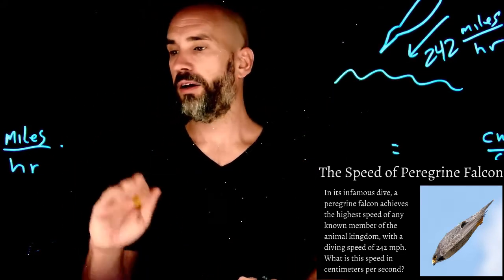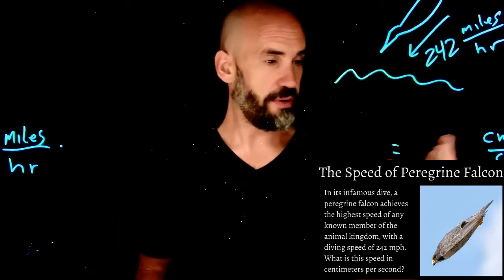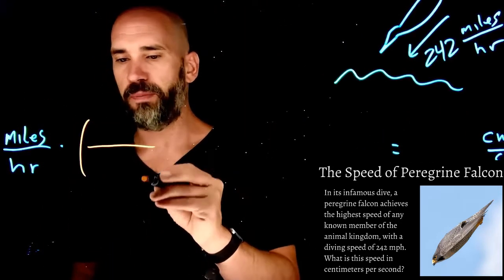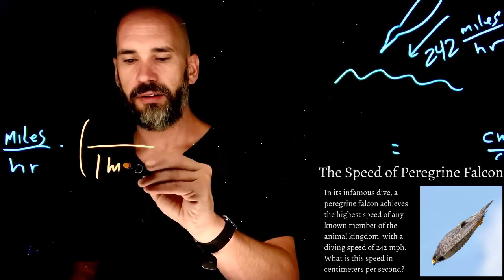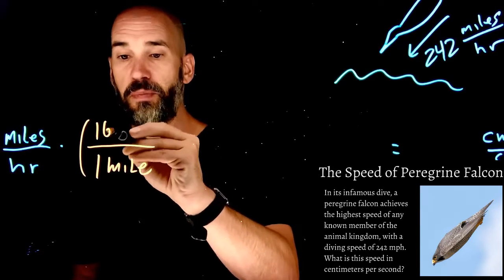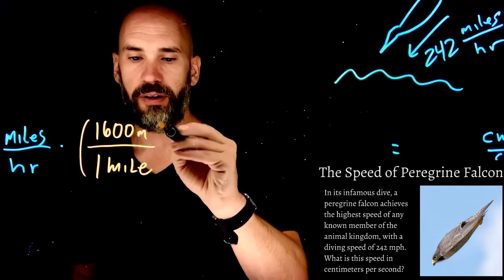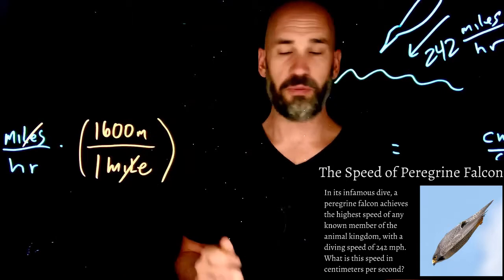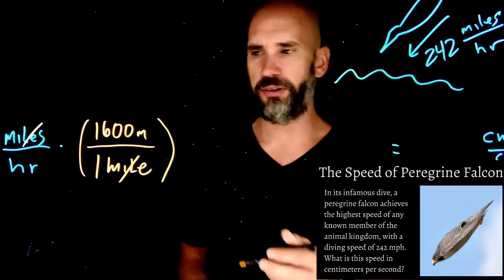So again, we want to get from miles to centimeters. Well, I know from the last problem that in 1 mile, there are 1,600 meters, right? So my miles and miles cancel out, and I'm left with meters. But do I want meters? No, I want centimeters, right?